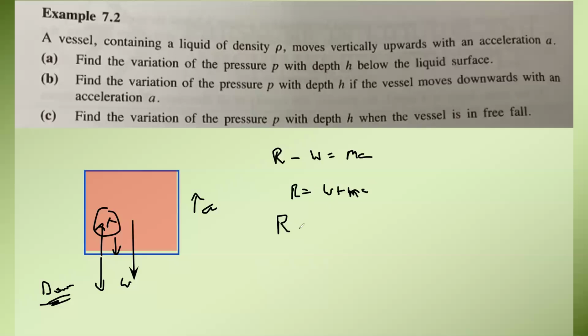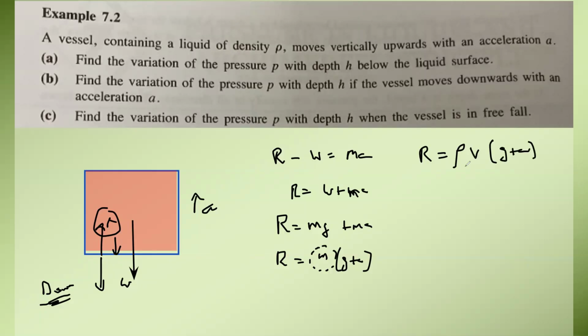And what is R in terms of, because weight is mass multiplied by gravity, so I can write mg plus ma. If I take m common, it will be g plus a. What about m? I can represent the m in terms of density, because mass is density into volume. So I can write density into volume, g plus a.